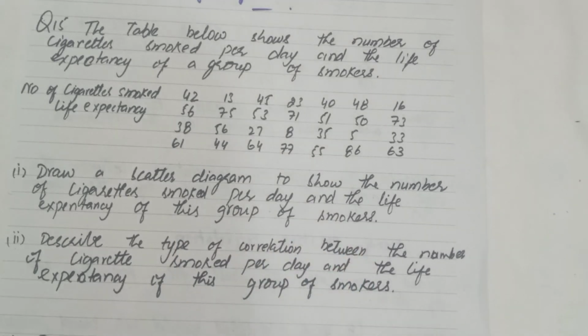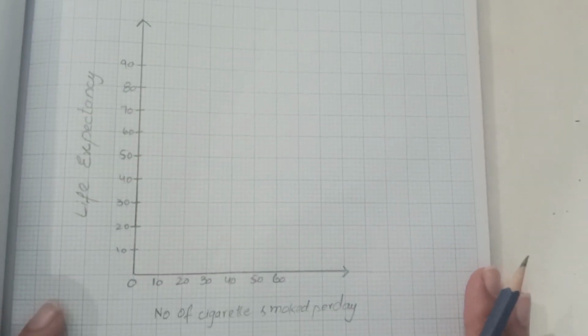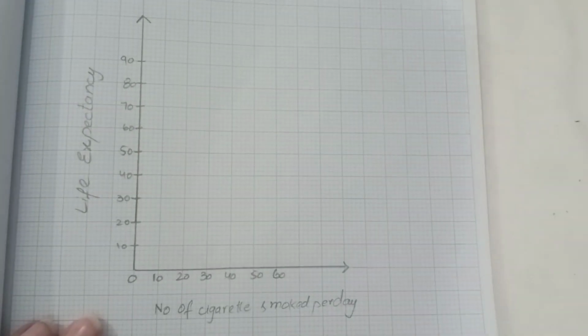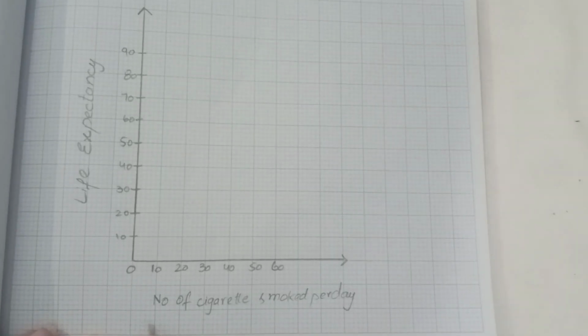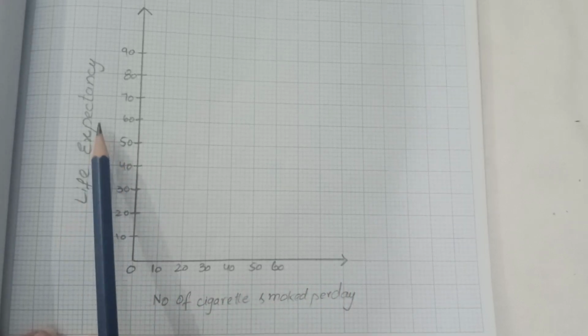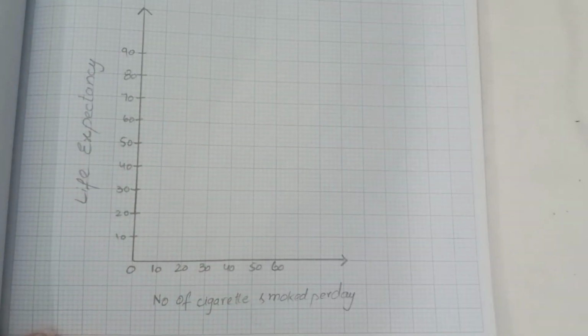First, we have to draw the scatter diagram, and this is the graph. Now on the graph paper, we take the number of the cigarettes smoked per day along the x-axis and the life expectancy along the y-axis.